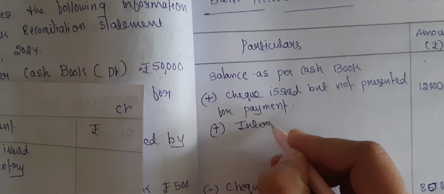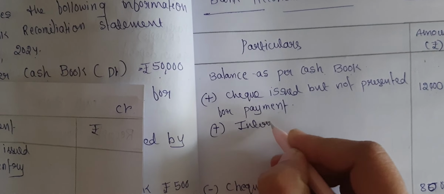Now the first step is to record the transaction. The check of rupees 3000 was deposited, so in the cash book, on the receipt side, that is debit, we record check deposited. In the passbook, credit, there is no entry because the check was dishonored by the bank.